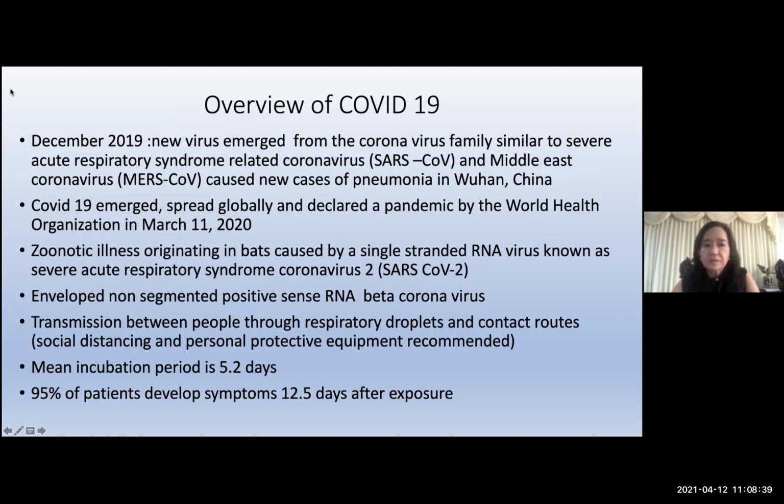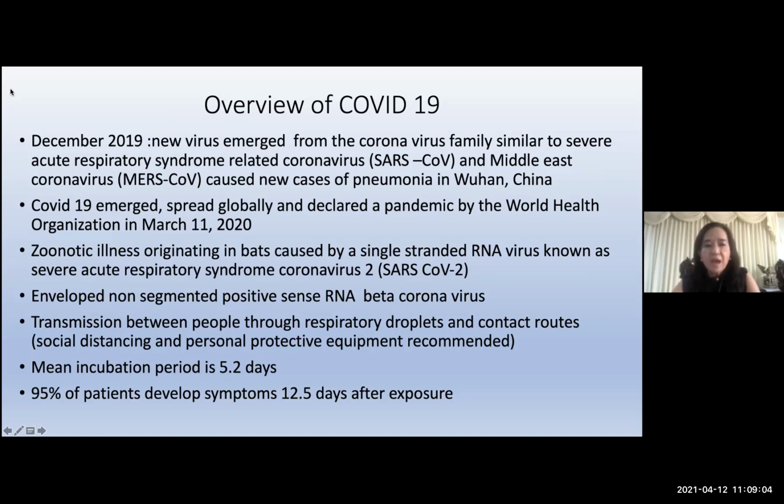SARS-CoV-2 is a zoonotic illness originating in bats, caused by a single-stranded RNA virus known as severe acute respiratory syndrome coronavirus 2. It's an enveloped, non-segmented, positive-sense RNA beta coronavirus. The transmission is between people through respiratory droplets and contact routes.